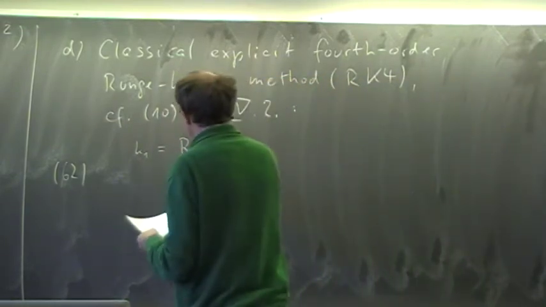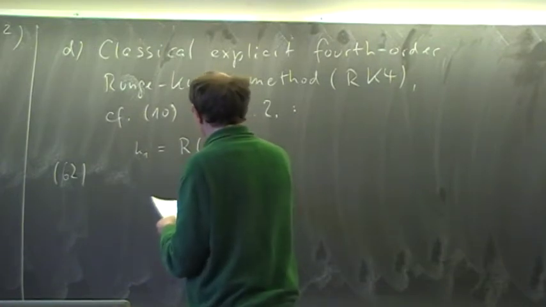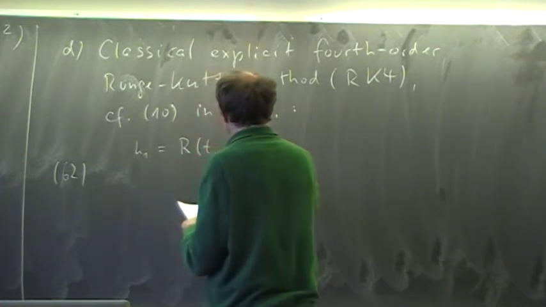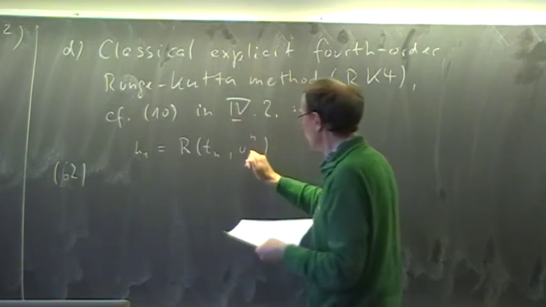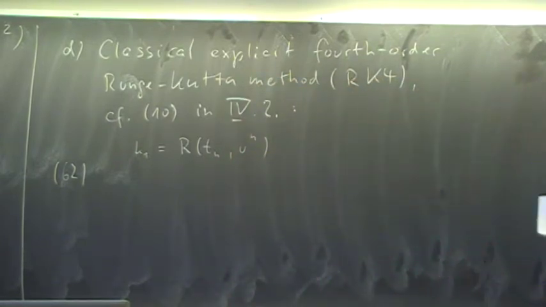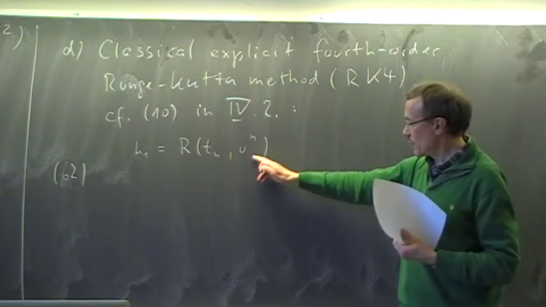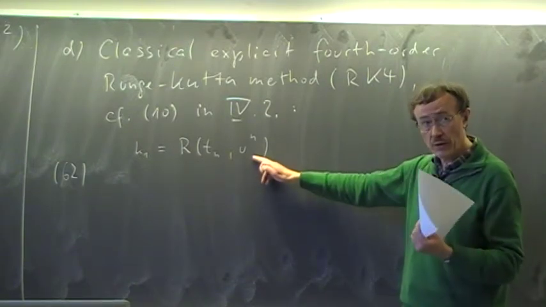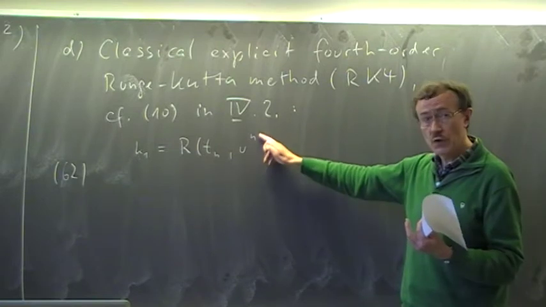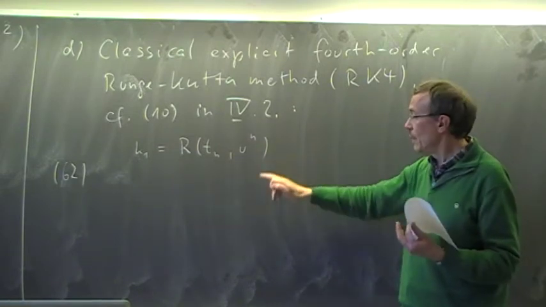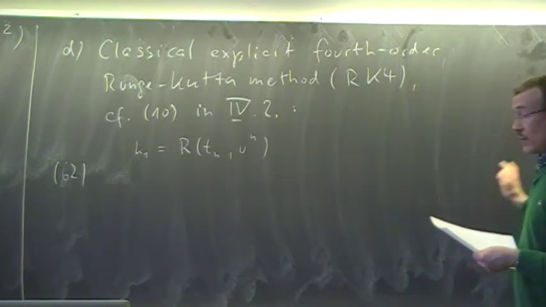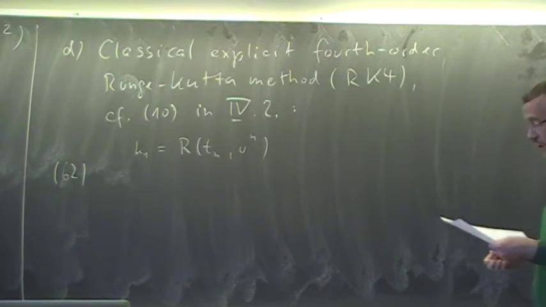The first one, we take at Tn, at the old time level. When we discussed this for the ODEs, we had here the y, and we used a subscript. But now u is a vector of unknowns. We use the superscript to indicate the time. And that is then this vector that we saw just a minute ago.